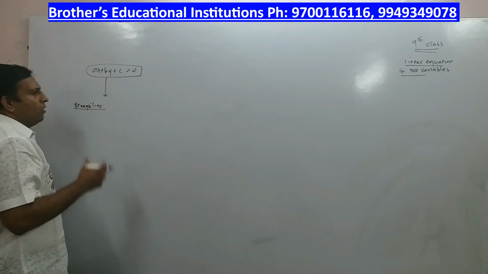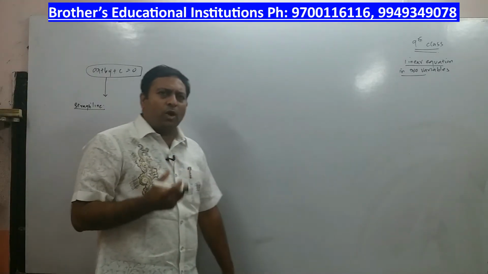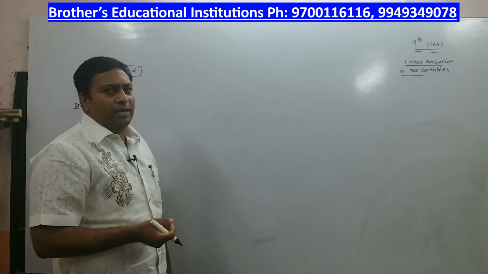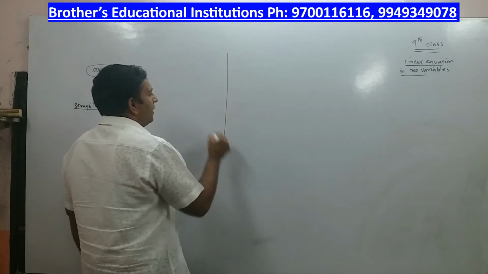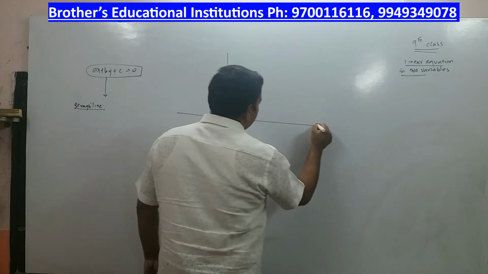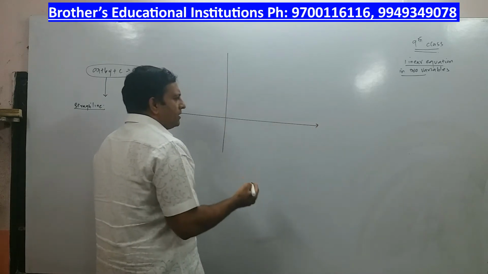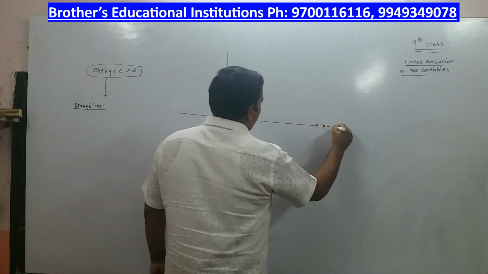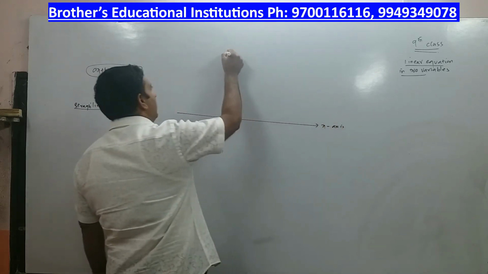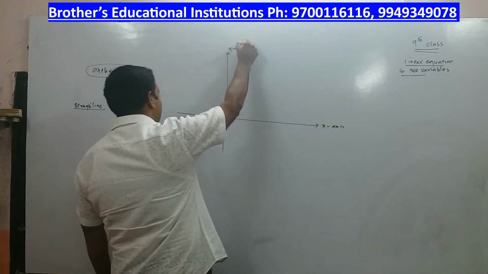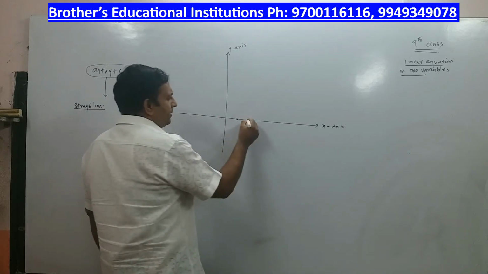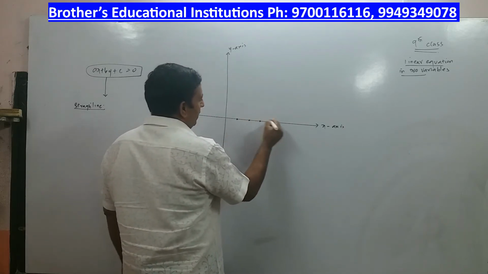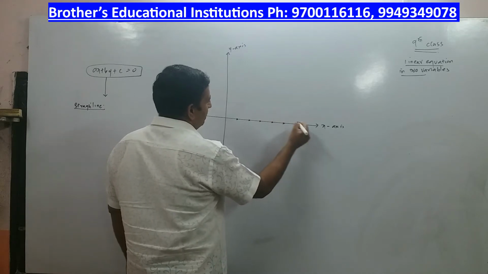Now, let us try to understand the basic concepts involved in our Cartesian system. What is the general form of a line and all that? In the Cartesian system, in the coordinate system, the horizontal line of reference is called x-axis, the vertical line of reference is called y-axis. Let us say this is 1 unit, 2 units, 3 units, 4 units, 5, 6.